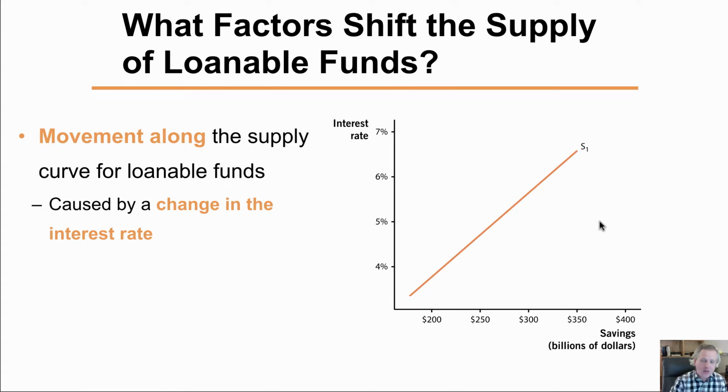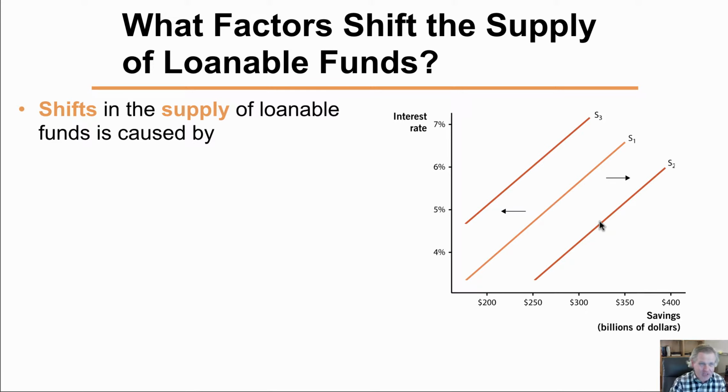So what does shift the supply of loanable funds? What shifts the entire supply curve? What causes households to want to supply more funds at all possible interest rates? That's what a shift in the supply curve would mean.